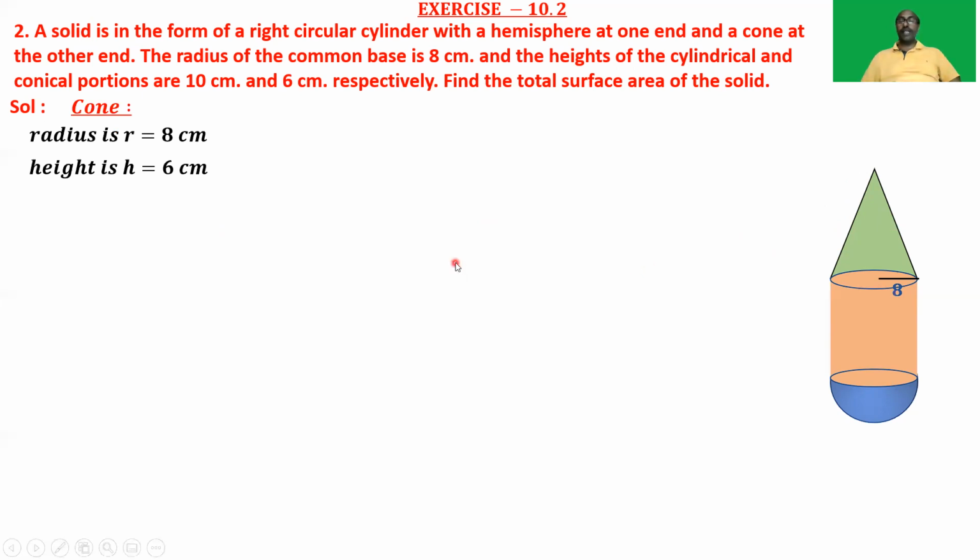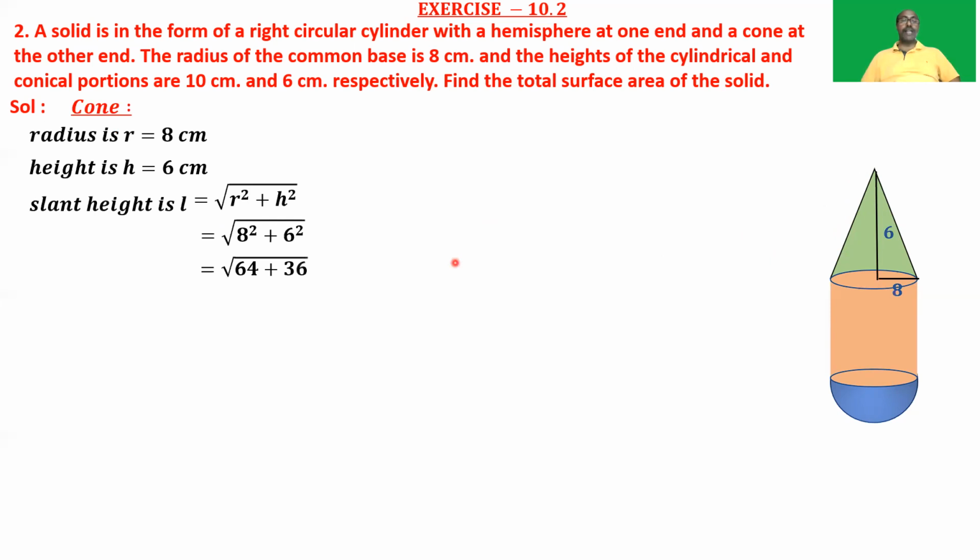So first we have to find the slant height. The slant height is L is equal to under root R square plus H square. By substituting R is equal to 8 and H is equal to 6, we get that L is equal to 10. The slant height of the conical part is 10 centimeters.